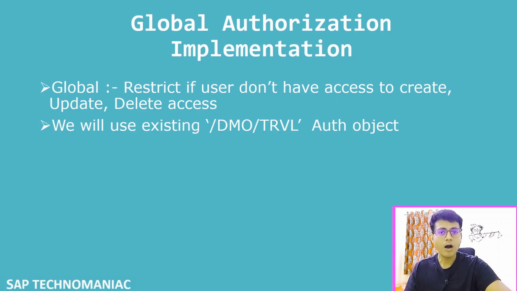If you want to know how to create an authorization object and how to give access to a particular user for that authorization, I have explained that in detail in my CDS video series when we were creating the DCL. I will give that video link in the description and in the i button as well.